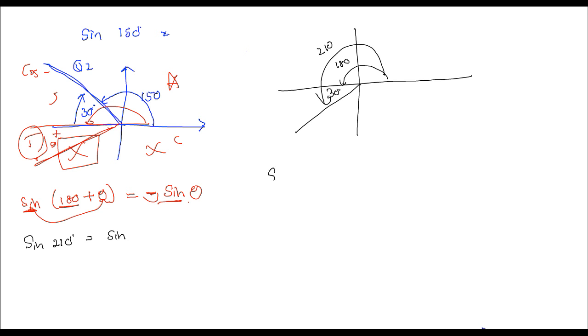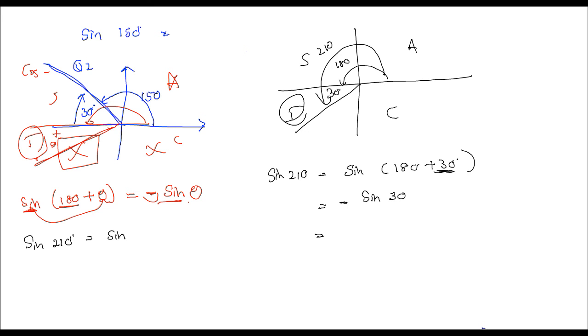So sine 210 is equal to sine(180 plus 30). Now what's the rule here? First check the positive or negative sign of the quadrant. ASTC, so it's only tan positive, but this is sine, so it's negative. Then I can write sine of the angle, sine 30. Because sine 30 is half, the answer for sine 210 would be minus half.